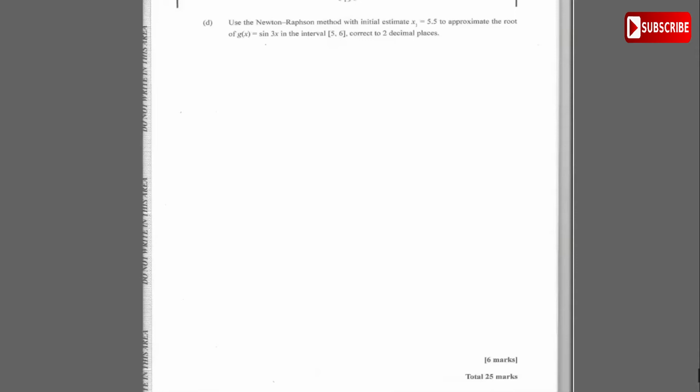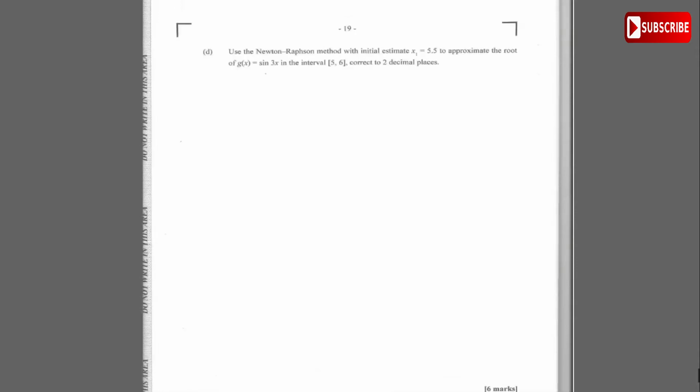It says, use a Newton-Raphson method with initial estimate x1 being 5.5 to approximate the root of g of x, where g of x is sine 3x in the interval 5, 6.